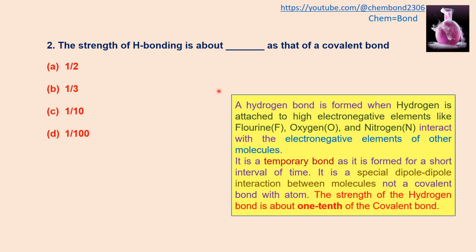So it is a type of intermolecular attraction that is present between two molecules. Hydrogen of one molecule will interact with the nitrogen, oxygen or fluorine of another molecule. It is a temporary bond formed for a short interval of time, and it is a special type of dipole-dipole interaction because oxygen, fluorine and nitrogen have negative charge, and hydrogen has partial positive charge.